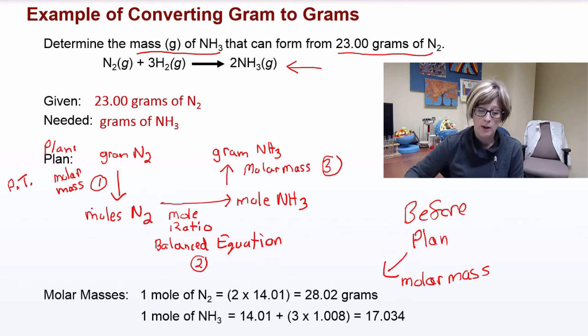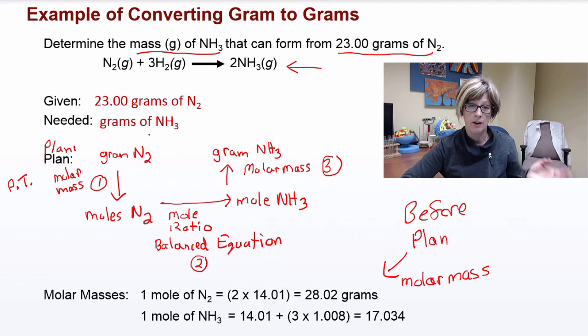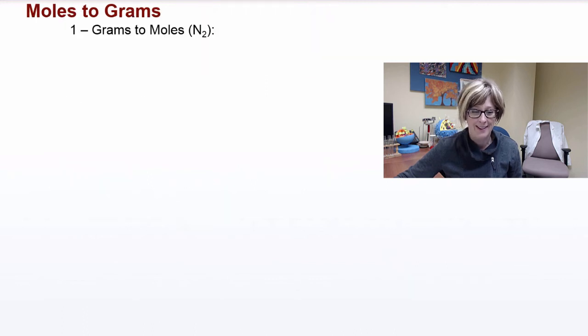So calculate your molar masses first and write them at the top of your page. It's nice because then you can really get into a flow when you're doing your conversion factors in your big plan, because you've already got all of your other calculations made. Students actually get to really like stoichiometry because it's a nice flow. It's almost like doing a little craft or something like that.